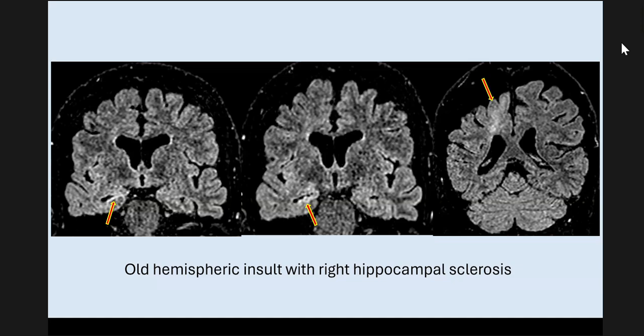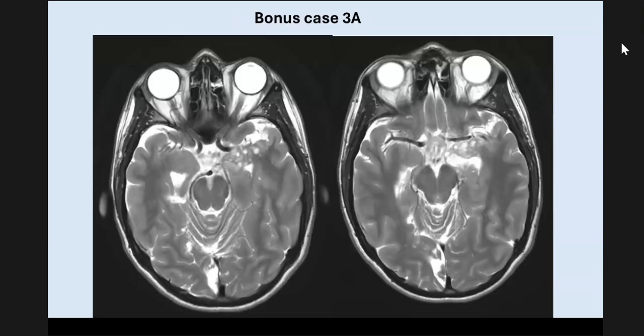So we know the patient has history of developmental delay, learning difficulties, and a long-standing left-sided hemiparesis. So this is most likely due to an old insult, maybe in the perinatal period, likely to be ischemic. But in addition, the patient also has right hippocampal sclerosis. So the point I'm trying to make here is that watch out for dual pathologies. So patients may have two existing pathologies.